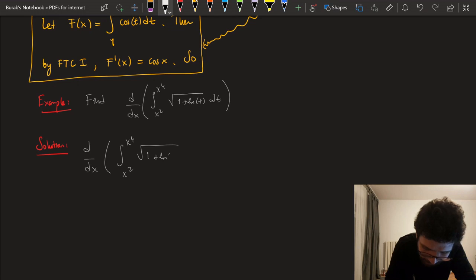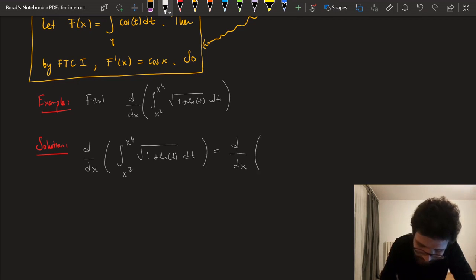I am going to separate, I'm going to split this definite integral.